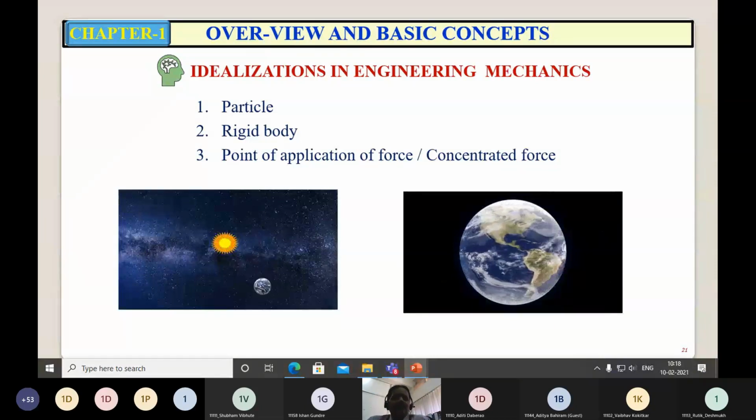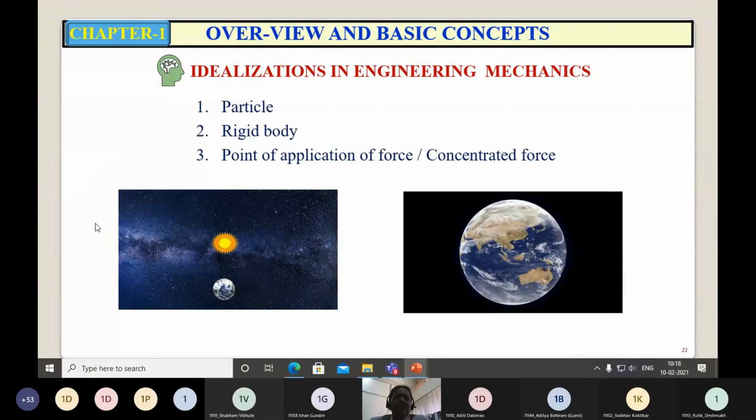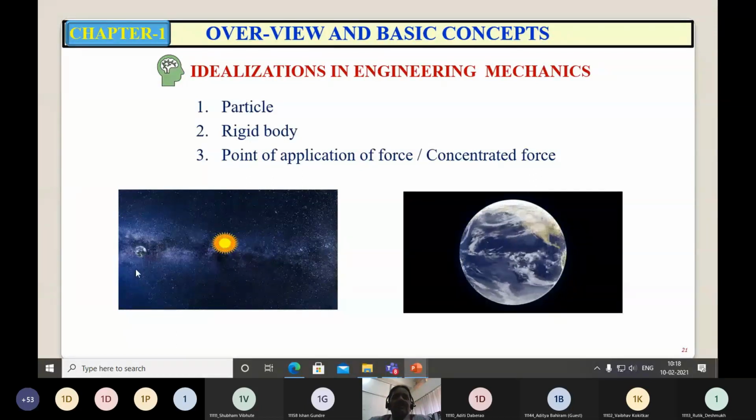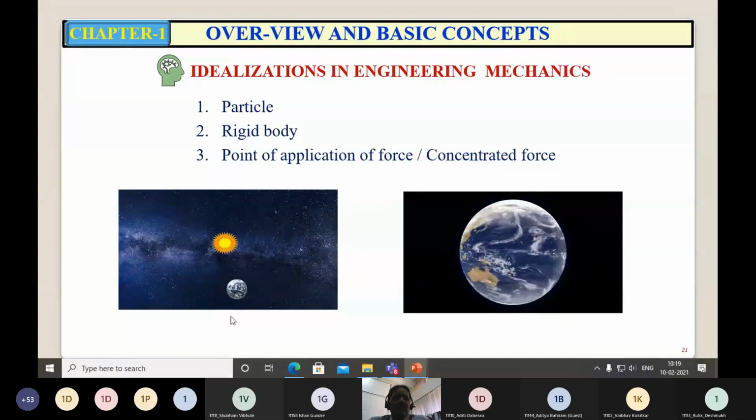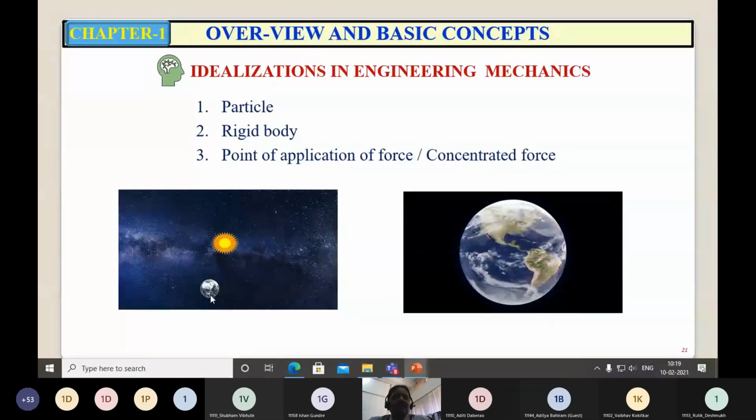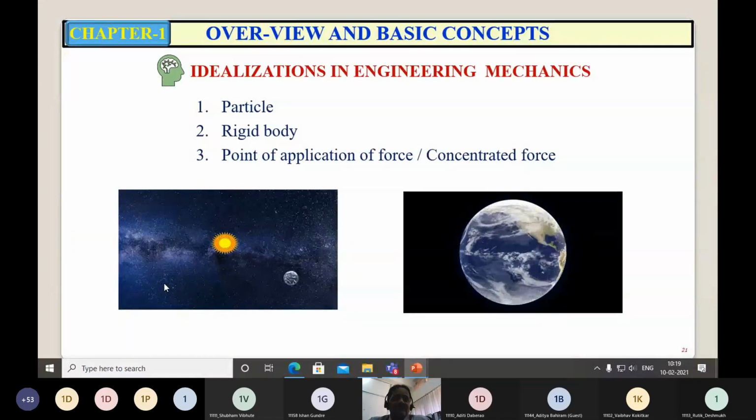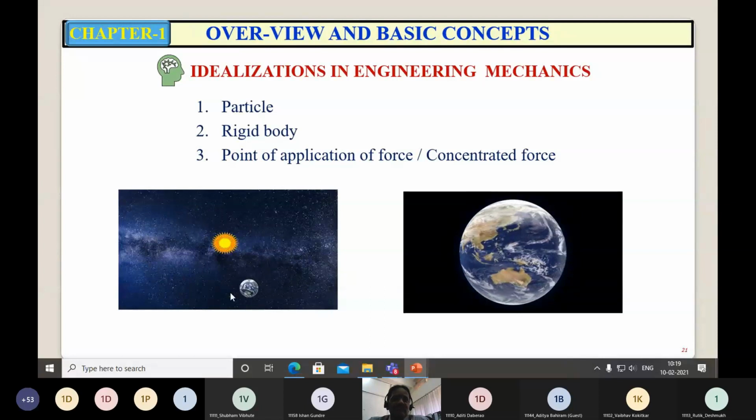There are two pictures here. So in the first picture, the earth is revolving around the sun, right? And also it is rotating about its own axis. There are two types of motion. It is rotating about its own axis. At the same time, it is moving around the sun in a particular orbit.